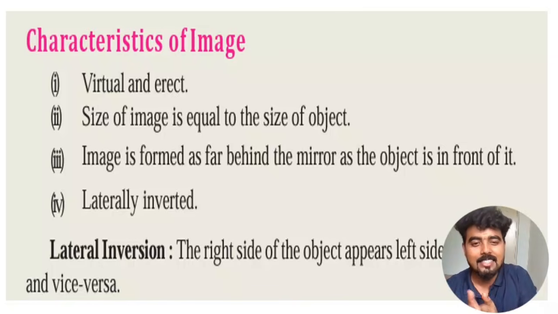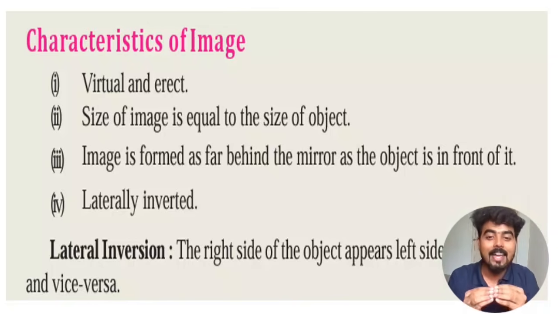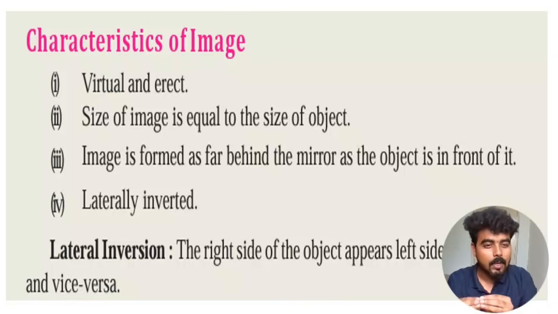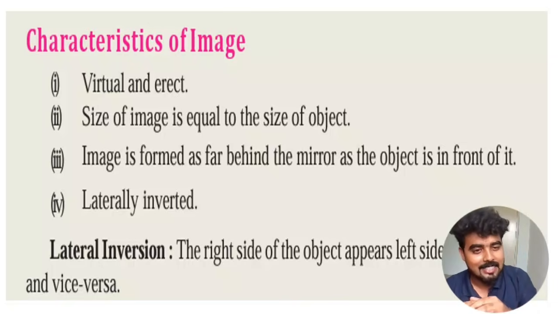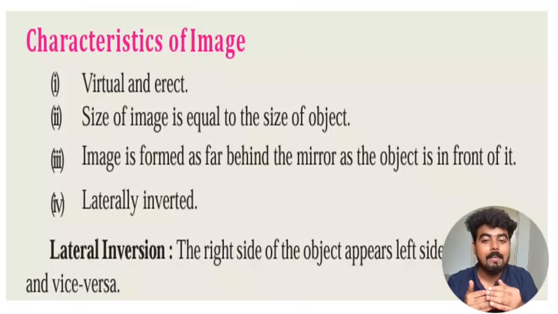If we measure the distance, the object distance, represented as u, is exactly equal to the image distance, represented as v. Here, u represents the object distance and v represents the image distance. This means the image appears to be at the exact same distance behind the mirror as the object is in front of the mirror.